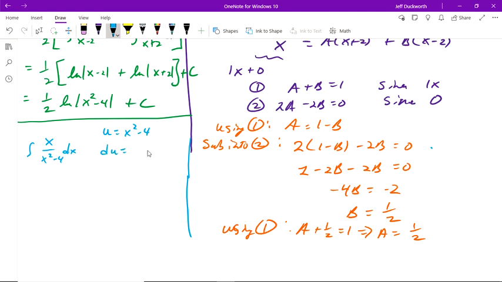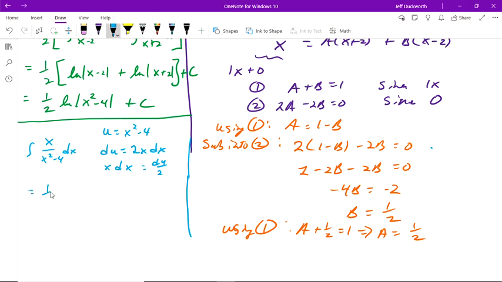That makes du equal 2x dx. So x times dx will equal du over 2.